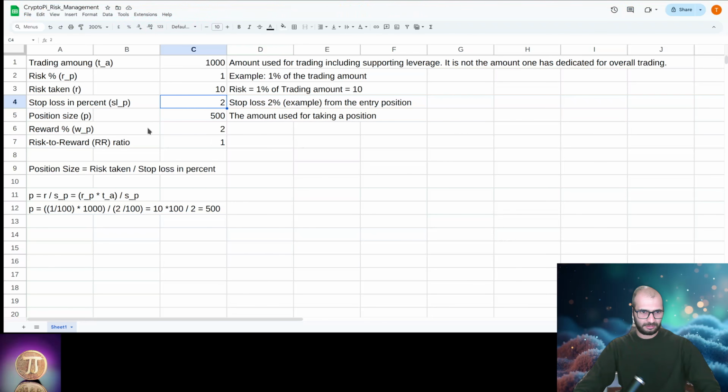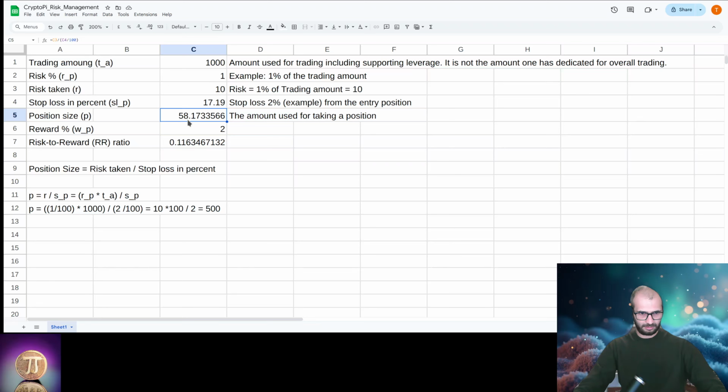So we go back here, make 17.19, and you will see that position size will change for 17.19 to $58. So one has to take the trade with only $58.